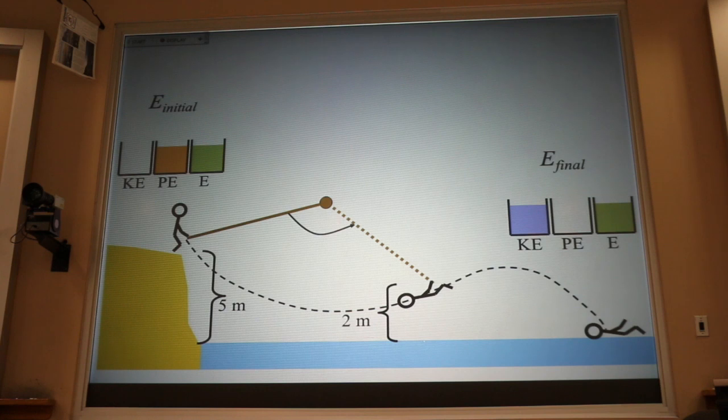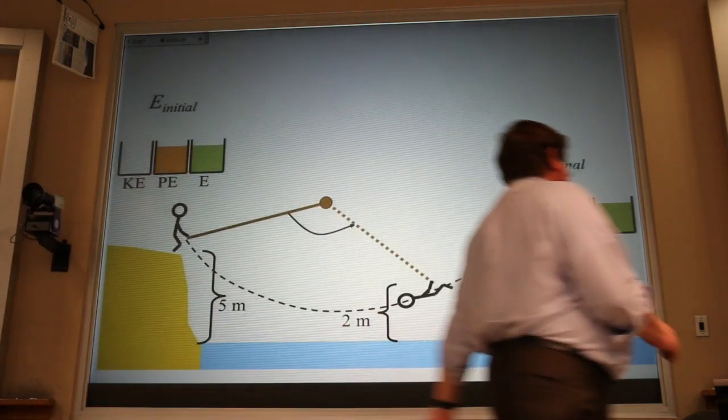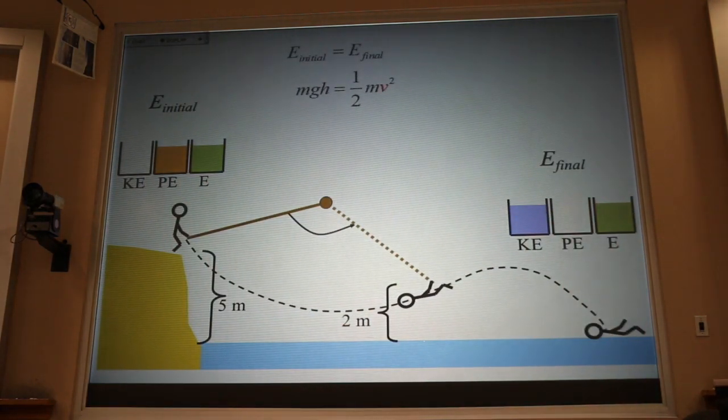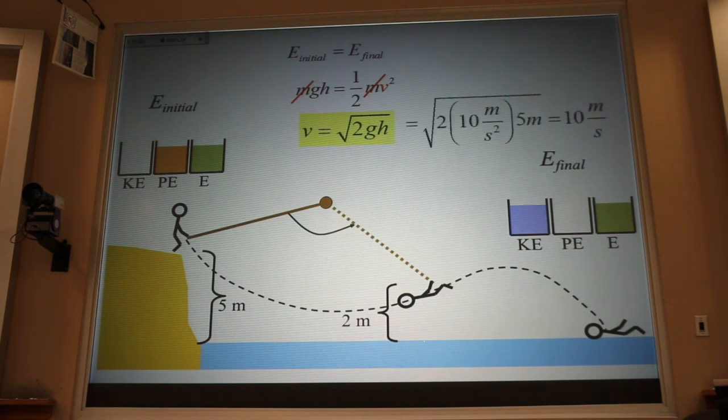It took them a whole heck of a lot of time when they should have been working on the rest of the test. What they needed to do was just say, the gravitational potential energy there is equal to the kinetic energy there. And because they both have a mass in them, the mass cancels. And if I solve for v, I just get a very simple answer, 10 meters per second.